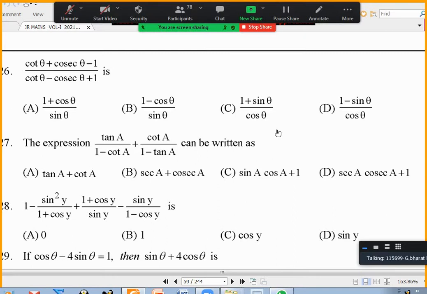In place of 1, we can write cosecant square theta minus cot square theta, only in the numerator. The expression is (cot theta plus cosecant theta minus 1) by (cot theta minus cosecant theta plus 1). Only in the place of this one, you can write cosecant square theta minus cot square theta.